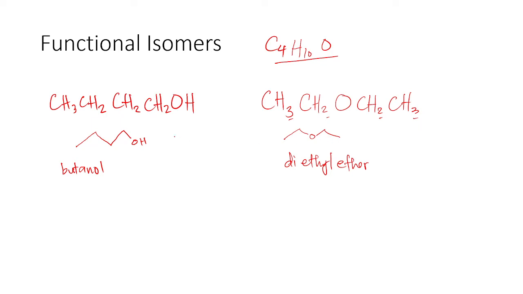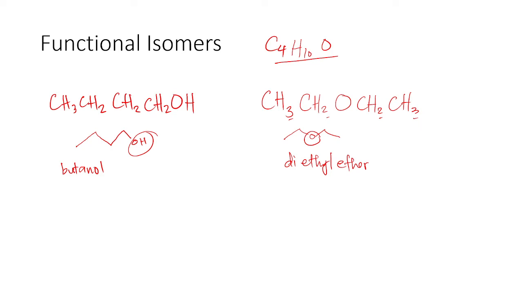As you can see, we have different functional groups. For the butanol, we have the OH, and for the diethyl ether, we have the oxygen between the carbons. So we have two organic compounds with a similar molecular formula, C4H10O.